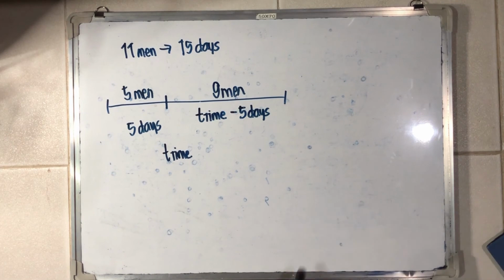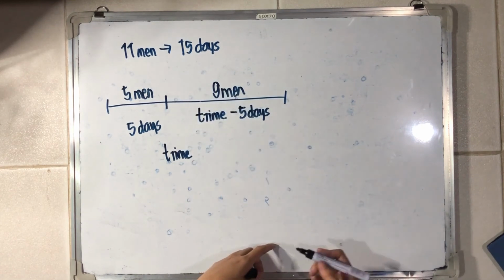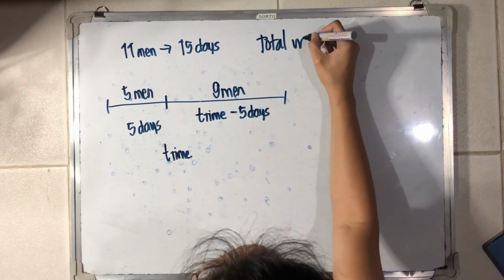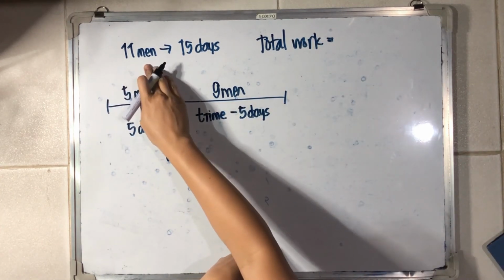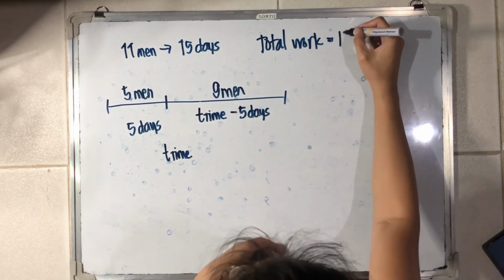Okay? So, how are we going to compute this type of work problem? Kailangan lang dito is constancy of unit. Unit analysis yung tinatawag nila. So, just remember, nasabi niya, the total work to be done, no? Total work to be done here is 11 men can finish it in 15 days. So, let's multiply that one.